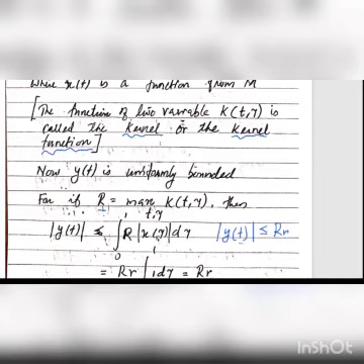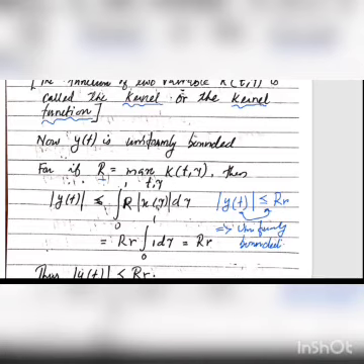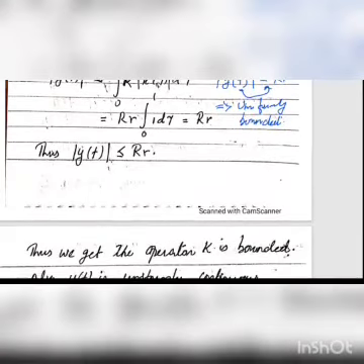See, no t term has come over here. That means this is uniformly bounded. Now we have proved that y(t) is uniformly bounded. Thus, the operator K is bounded.